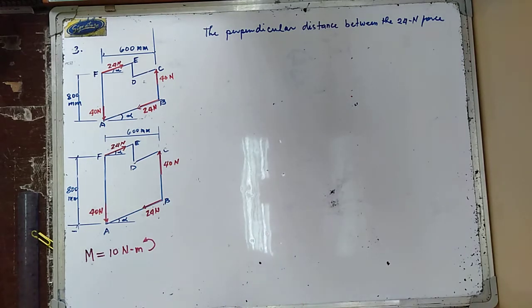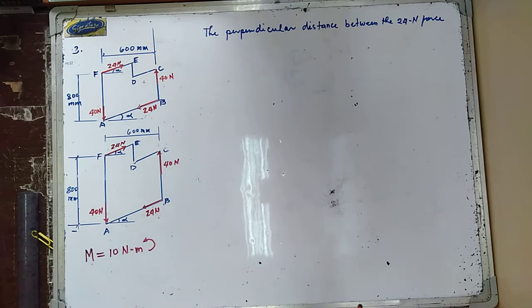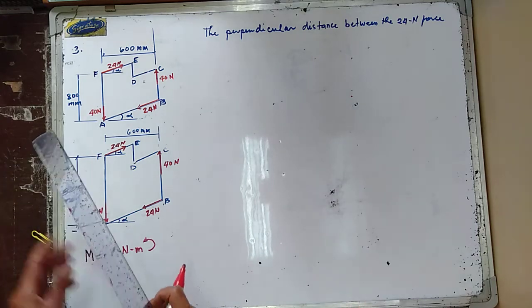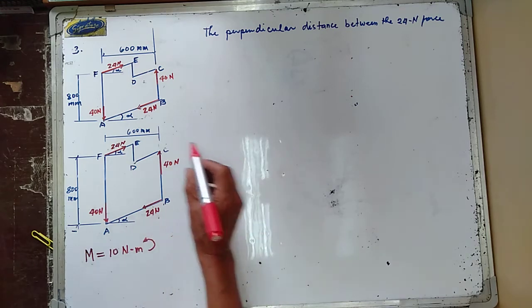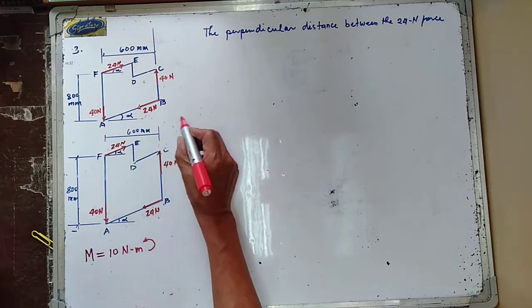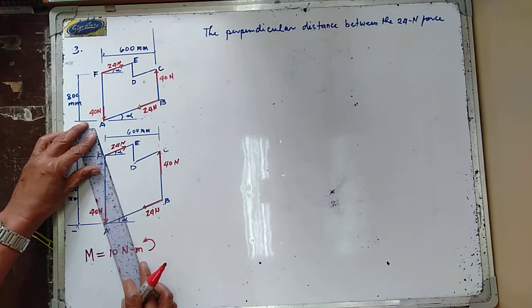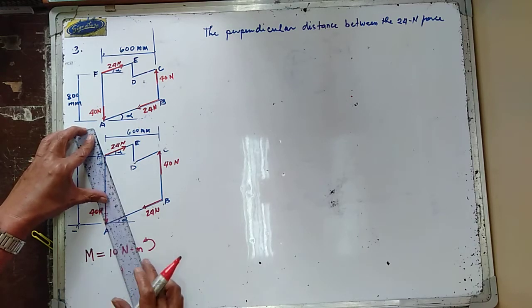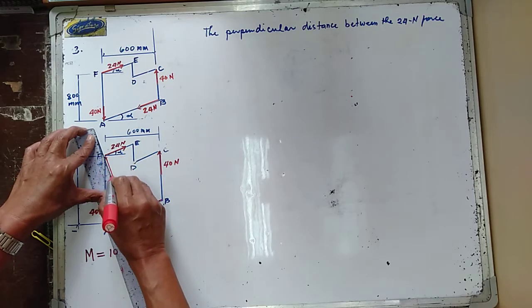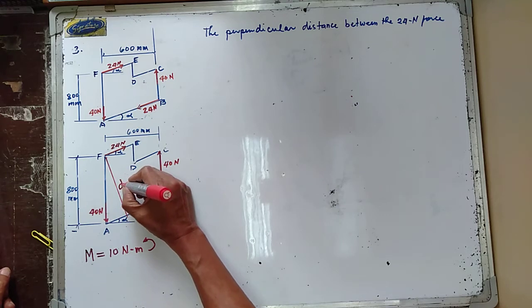First, let us determine the perpendicular distance between the lines of action of the 24 Newton forces. This is the line of action of the 24 Newton force and the other is that of FE. The perpendicular distance between them, let us consider as D.